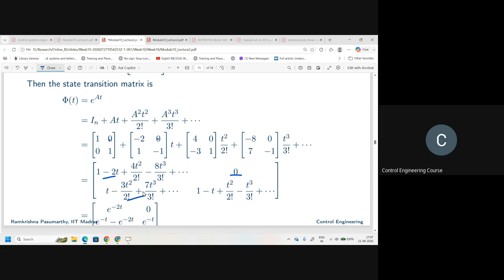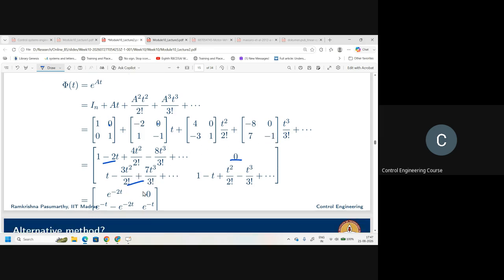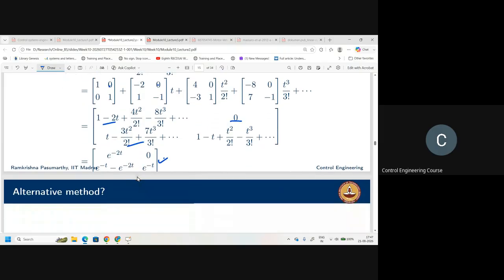Then we need to write a closed form matrix. But this is a bit tedious, right? Every time you may not have the series expansion in closed form, and even if it has a closed form, it is difficult to find. So is there any alternative method to find e power At?